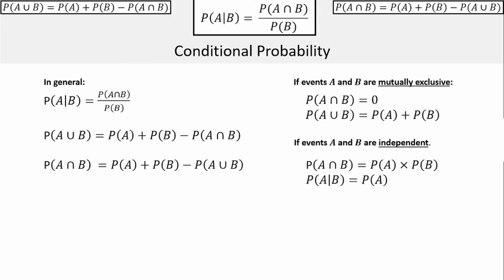The probability of A is unaffected by the fact event B happened prior. So, this is a summary of the formulas and some of the contextual understanding you'll need to successfully solve the sorts of problems you'll encounter with conditional probability, set notation, and Venn diagrams.